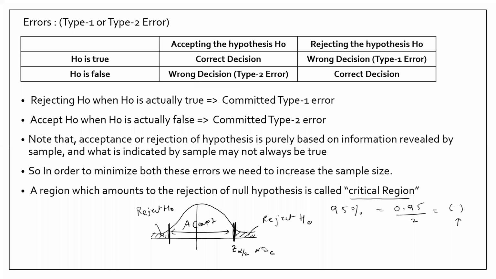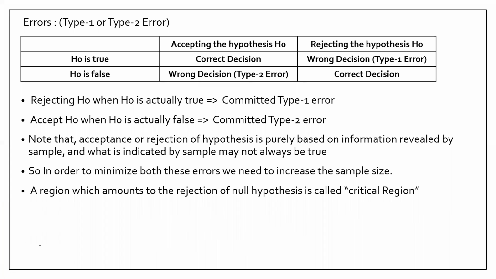I will use Z alpha by 2 as the notation. This is Z alpha by 2, and this is minus Z alpha by 2. I will tell you how to find Z alpha by 2. If your Z score lies on this side, we reject the hypothesis, and if it lies in between, we accept our null hypothesis. So this is all about the critical region. We will discuss that in detail.